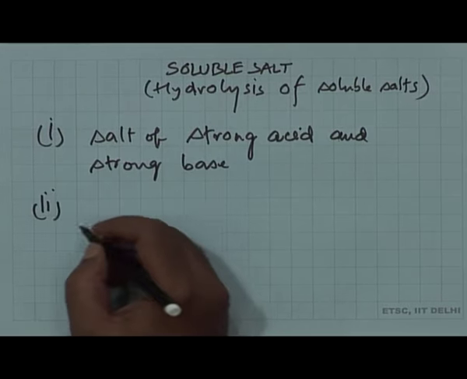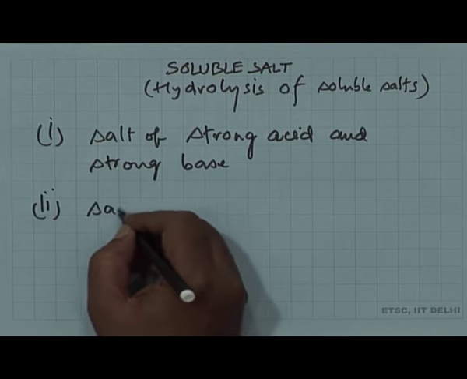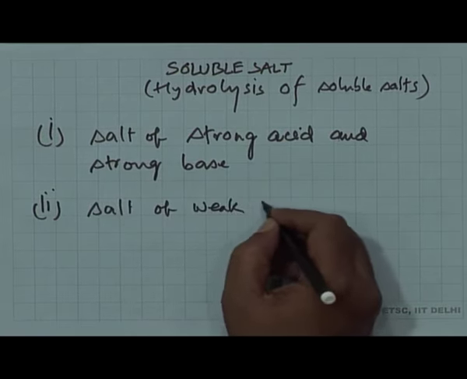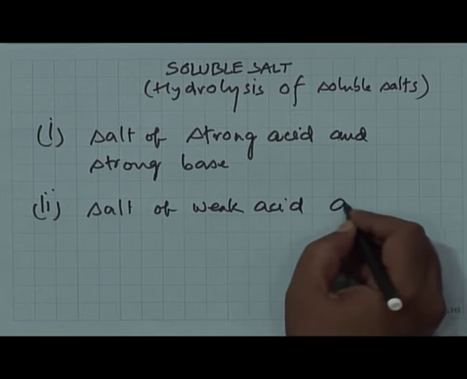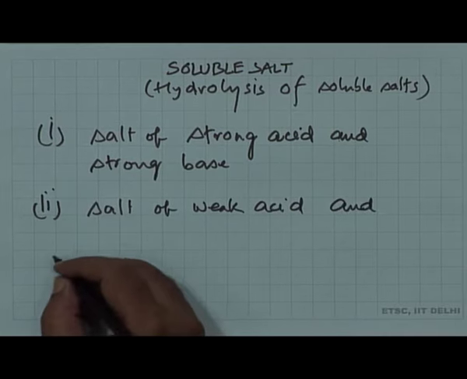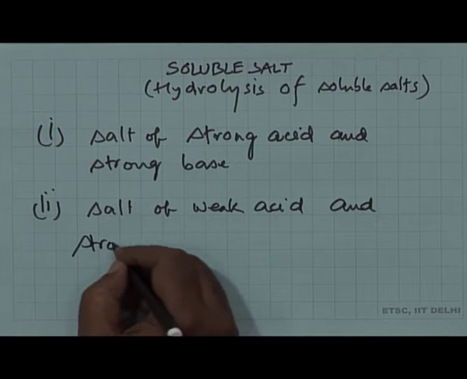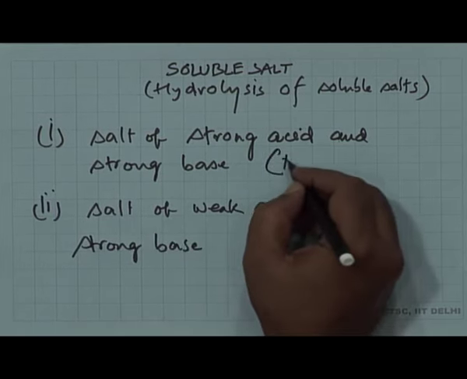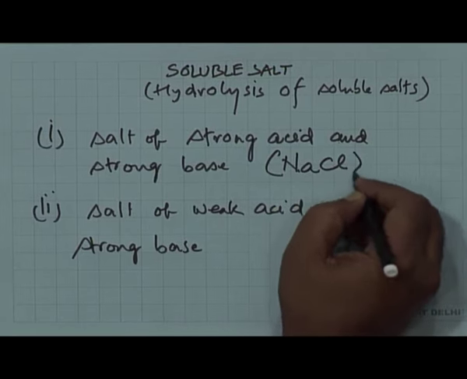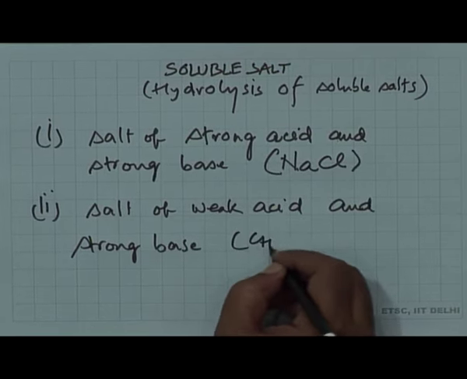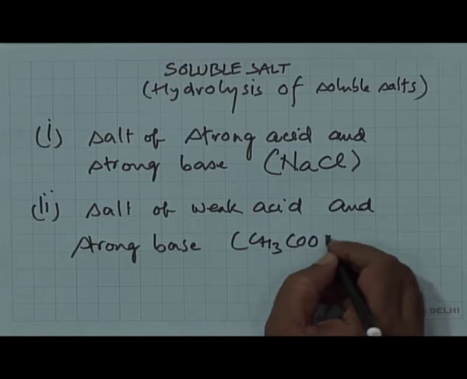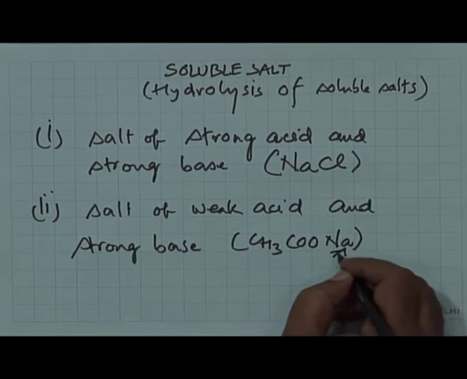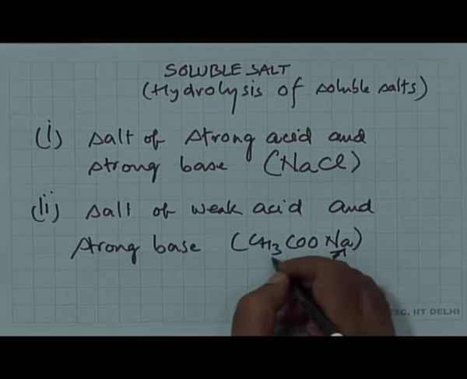Second, salt of weak acid and strong base. In the first case, we will take the example of NaCl. The second case, we will take CH3COONa. So, sodium salt. So, this is a strong base and this is a weak acid.